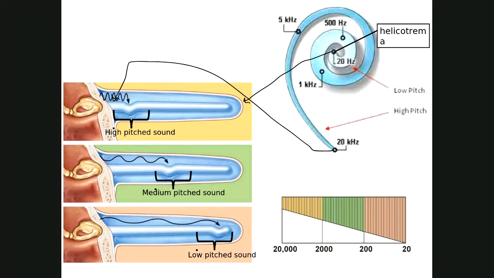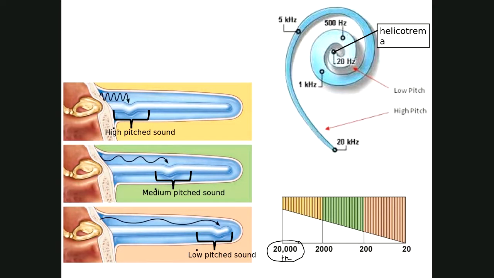So look, these are the frequencies that humans can hear. About the highest frequency sound a human can hear is 20,000 hertz. And all a hertz is, is the number of vibrations per second.